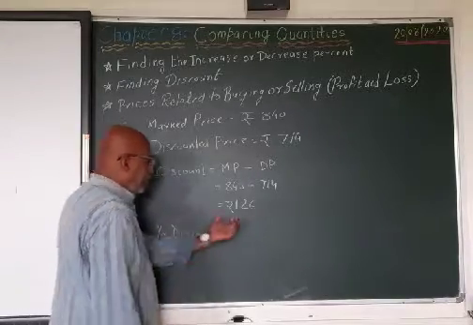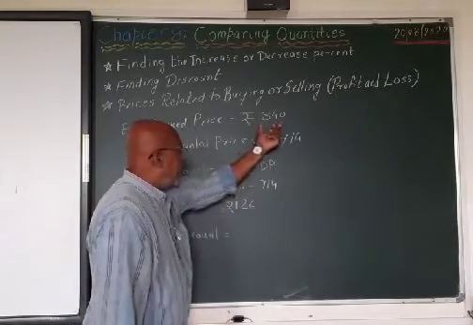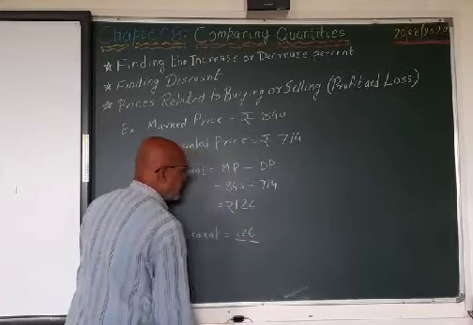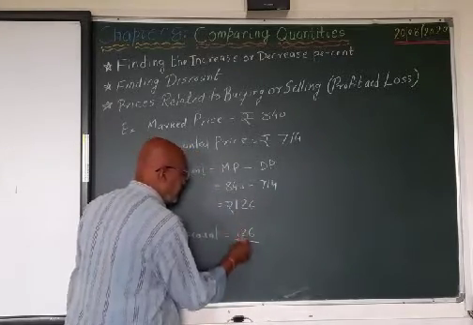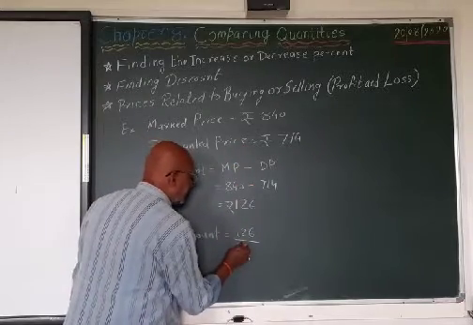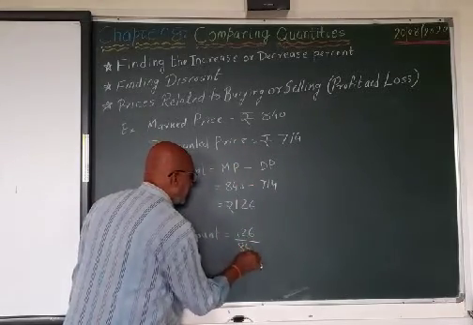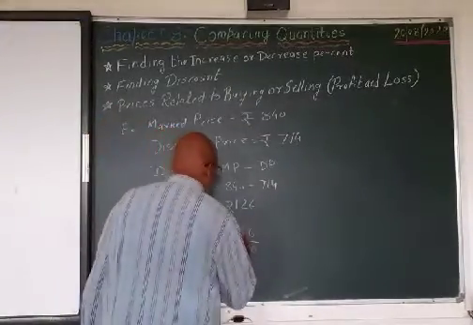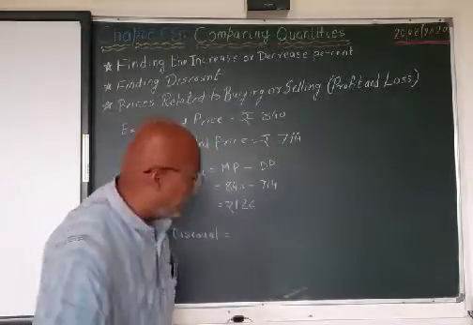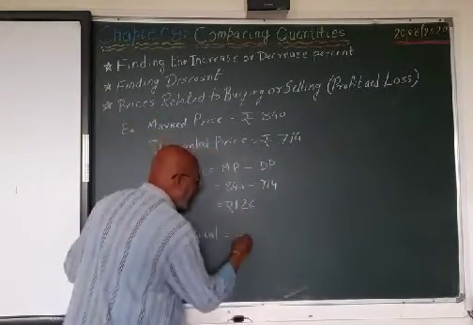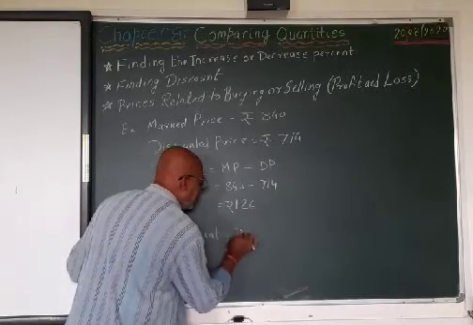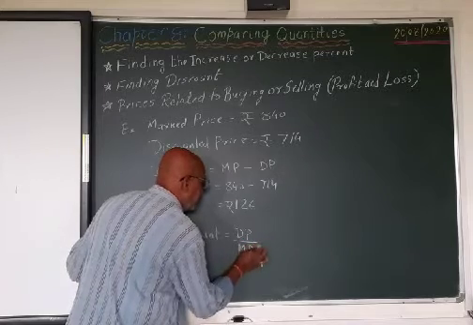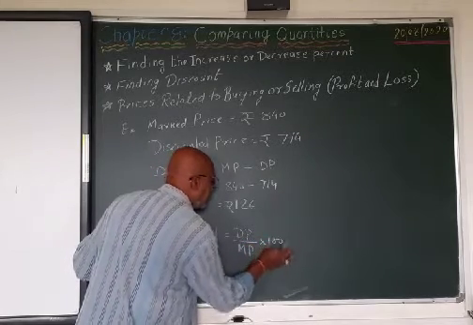equals: now this discount is offered on the mark price, so discount upon the mark price, that is 840. I will write it first as a formula, as it is better to remember: discount upon mark price multiplied by 100.